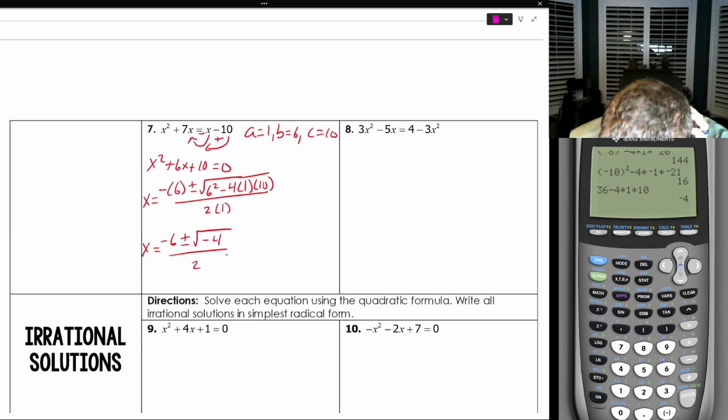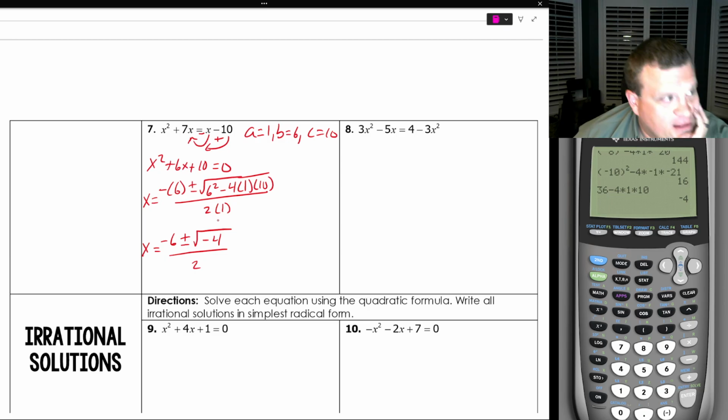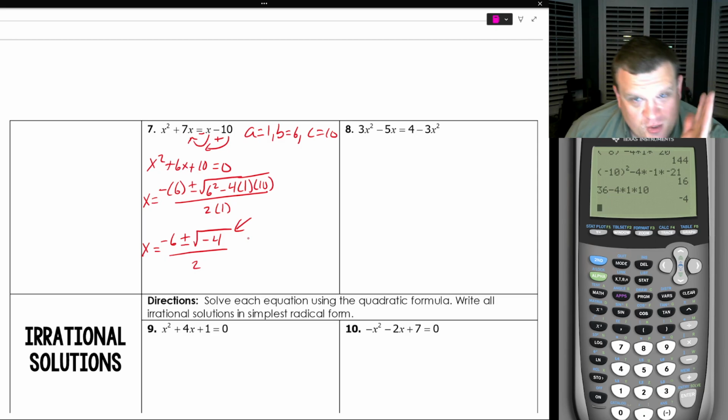Now, from our lesson the other day of solving by taking the square root, you should notice we have a problem here. We are trying to take the square root of a negative number. There is a way to solve these, but you guys don't know it yet. So for where you're at, you would say this is no solution.